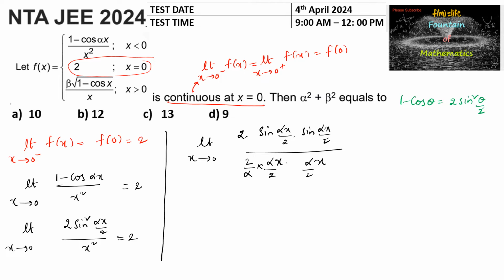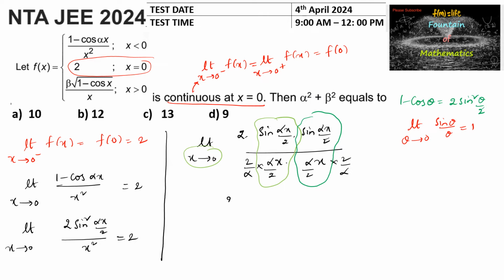We'll be getting sine (alpha x upon 2) divided by (alpha x upon 2) when x tends to 0 will be equal to 1, since we know that limit theta tends to 0, sine theta upon theta is 1. So by using this concept we can write limit x tends to 0, alpha x by 2 divided by alpha x by 2 is equal to 1.